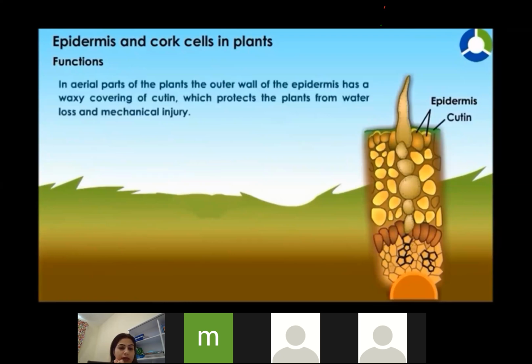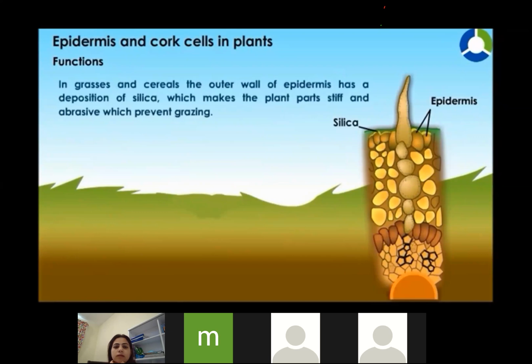It is made of living cells, and the outer wall of the epidermis in the aerial parts of the plant has a waxy covering of cutin, which protects the plants from water loss and mechanical injury. In grasses and cereals, the outer wall of epidermis has a deposition of silica, which makes the plant parts stiff and abrasive, which prevents grazing.